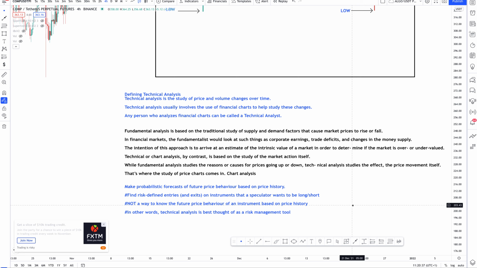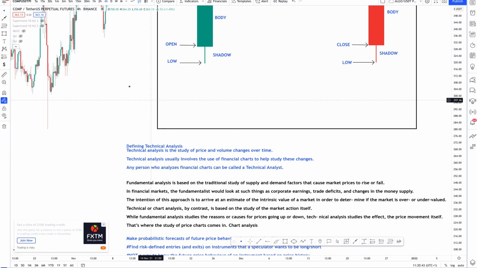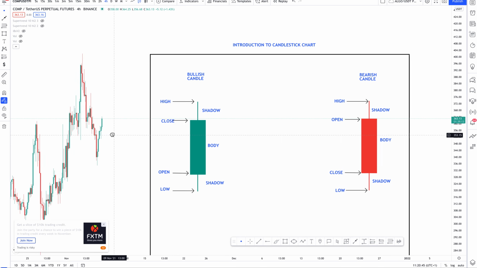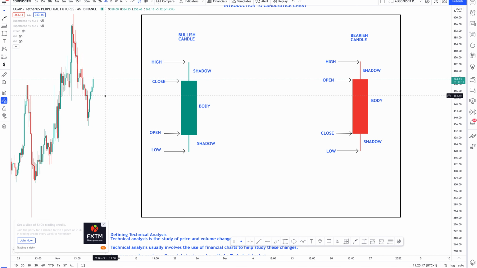So that's that. In understanding that, the first part of what we need to understand is candlesticks. Okay, candlestick. So we need to understand the candlestick anatomy. In doing that, we just need to look at the candles, and the most popular one is the Japanese chart, right?